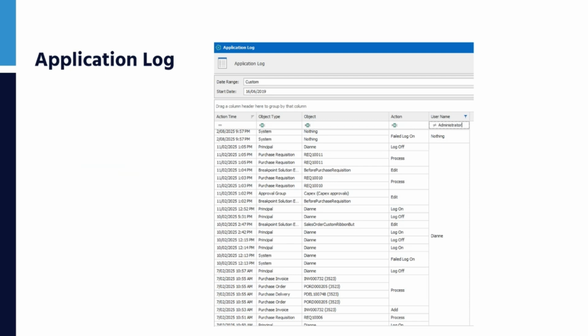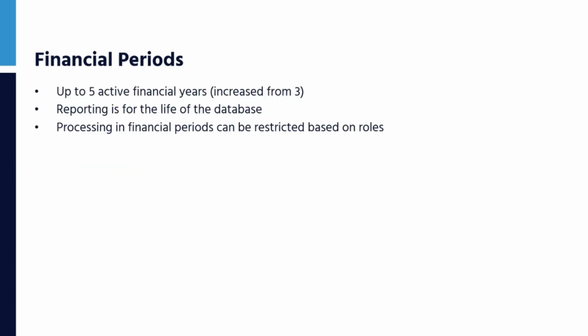So previously, if someone had forgotten their password, or maybe someone's left their PC unlocked and someone's gone, okay, I'm just going to try and get in with this username and password combination, that's also now logged in the application log. So again, a powerful tool there that'll help you find out why the system's changed its behavior.